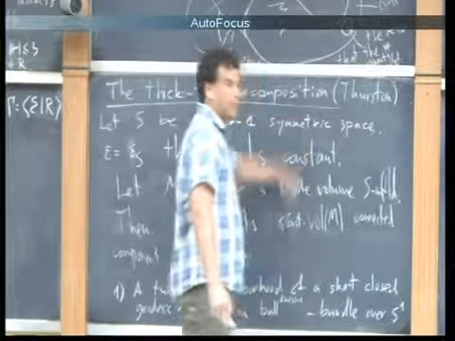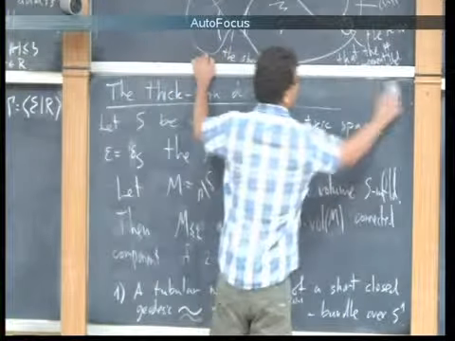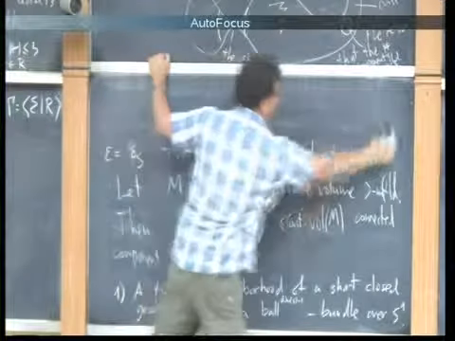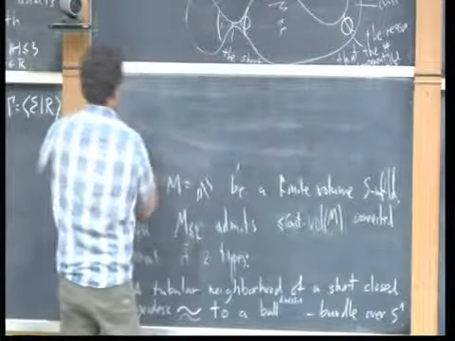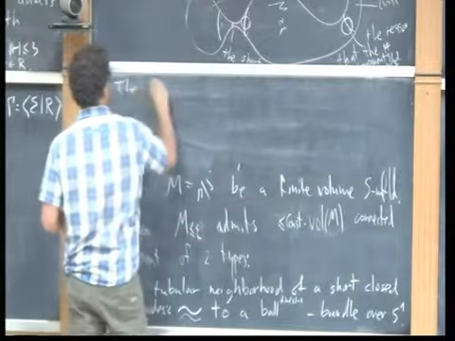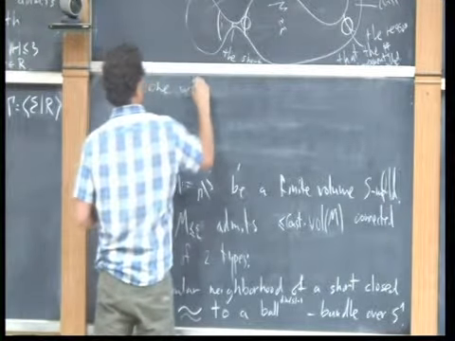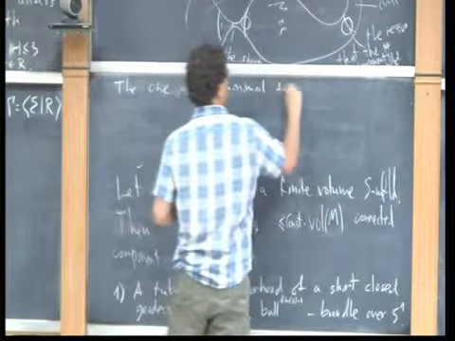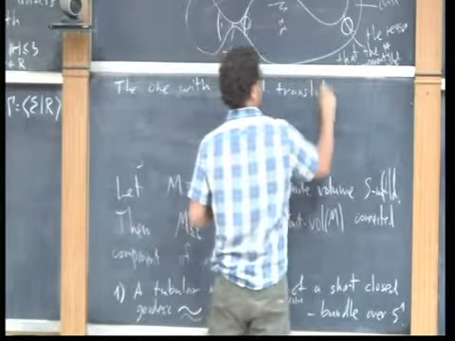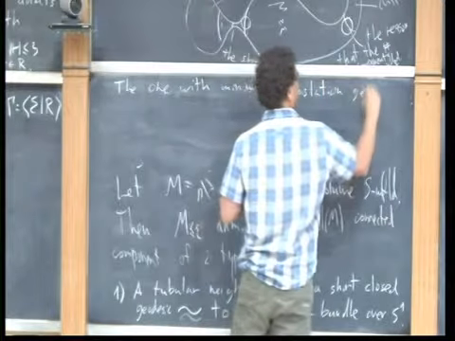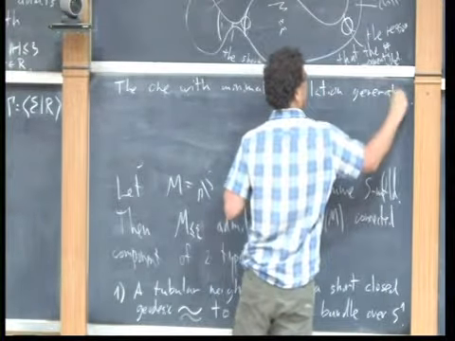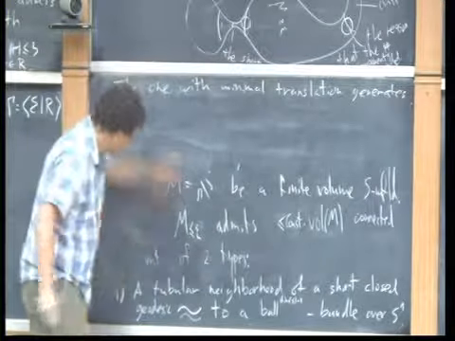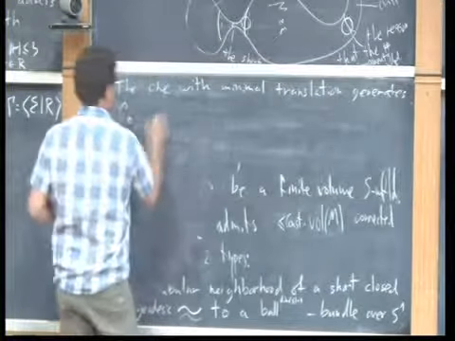There must be one with minimal translation, and it must generate this group. The one with minimal translation generates gamma naught in the hyperbolic case.